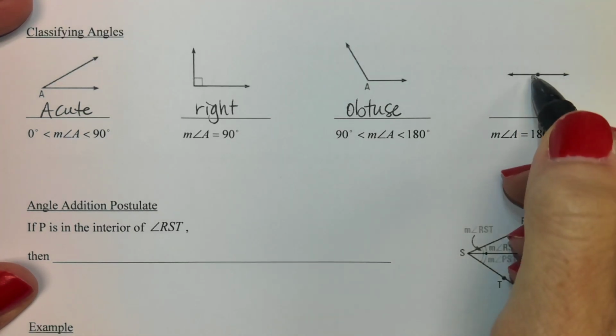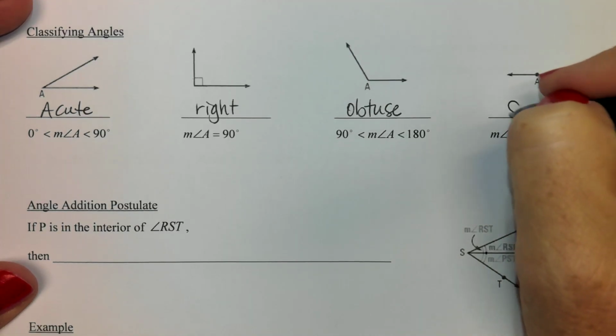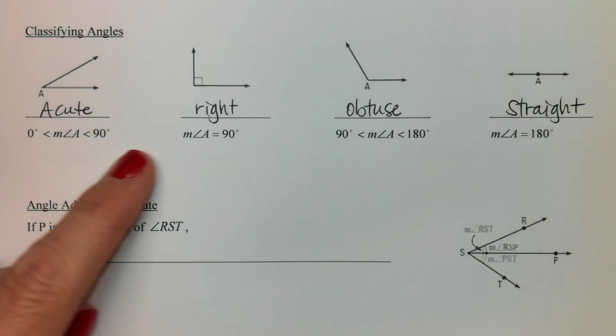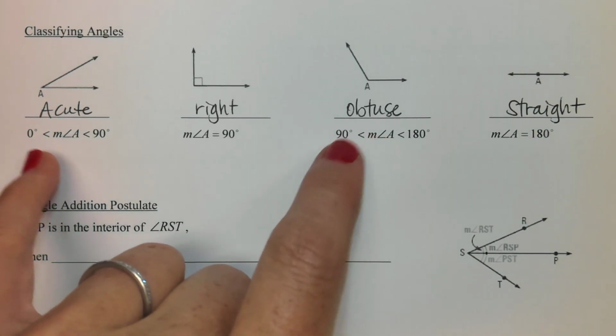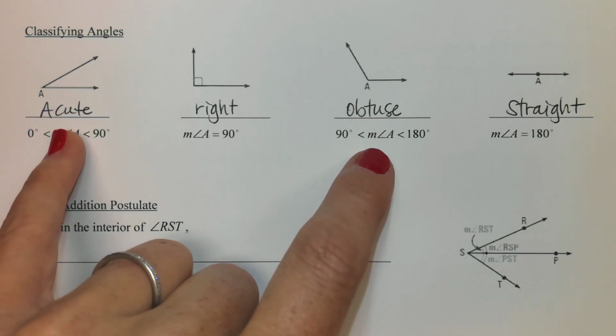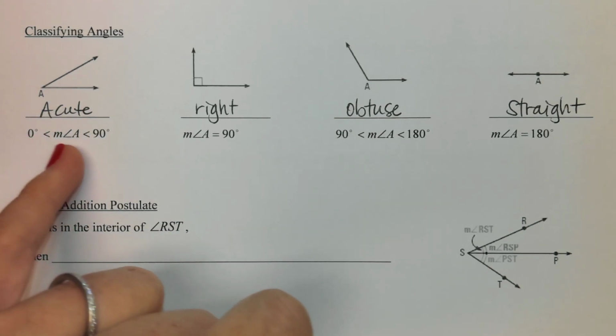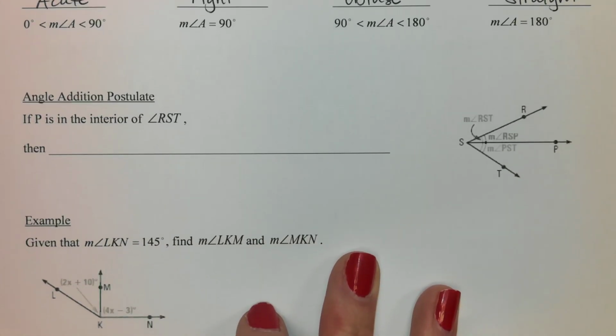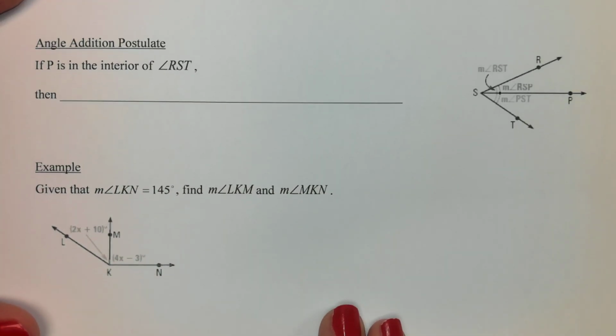And if it's exactly 180, like it literally makes a straight line, it is called a straight angle. But I'm betting you remember most of those. Maybe you flip-flop these. These are the ones that get mixed up the most. So acute is small, less than 90. Obtuse is big.